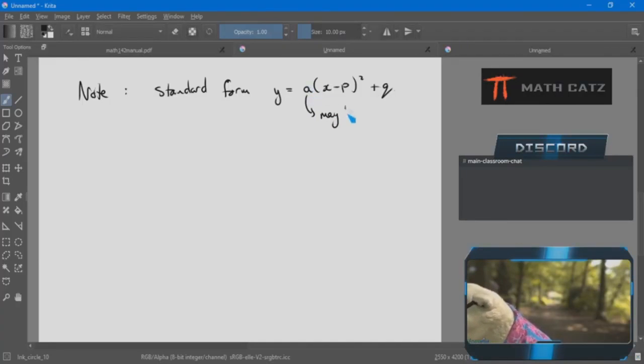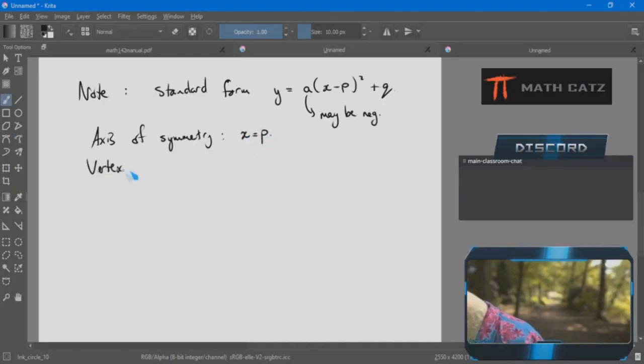It's merged into it, so it may be negative. When I do my transformations, I can see the actual number and I separate the negative 1 from the size of the number, so don't be confused by that. We can find our axis of symmetry. When I have it in standard form, the axis of symmetry is very clear: the line x equal to p. The vertex is the point (p, q). Sometimes I call this the pq form.